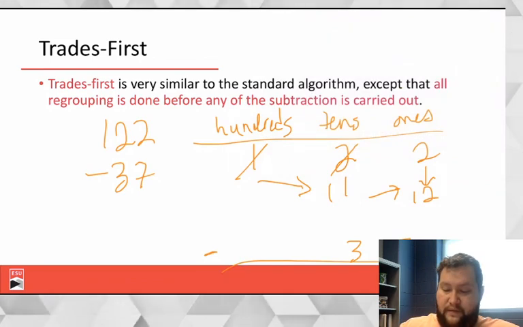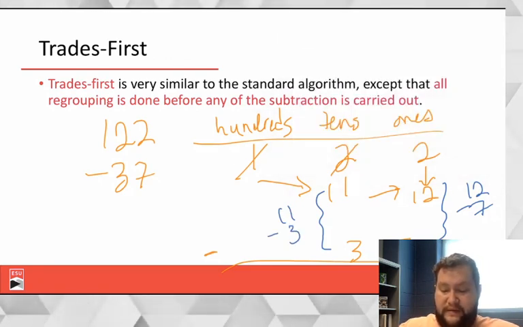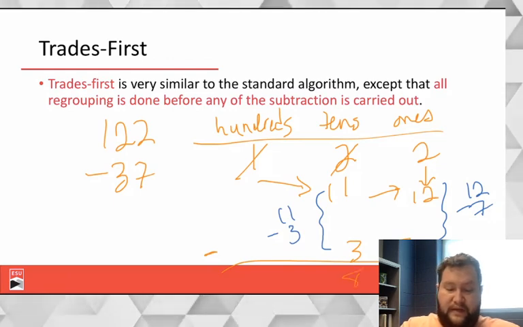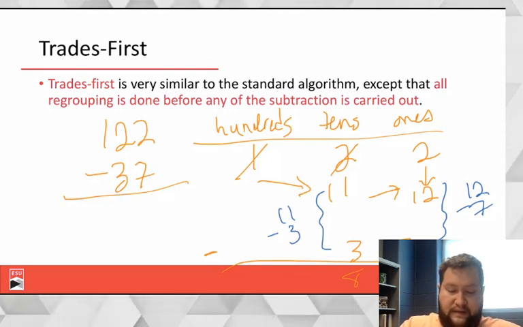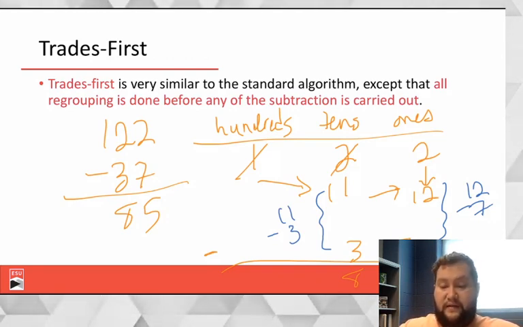Here we have 12 minus 7, and here we have 11 minus 3. And now both of those subtractions can happen. 12 minus 7 is 5, 11 minus 3 is 8, and so that means the difference between 122 and 37 is 85, right?